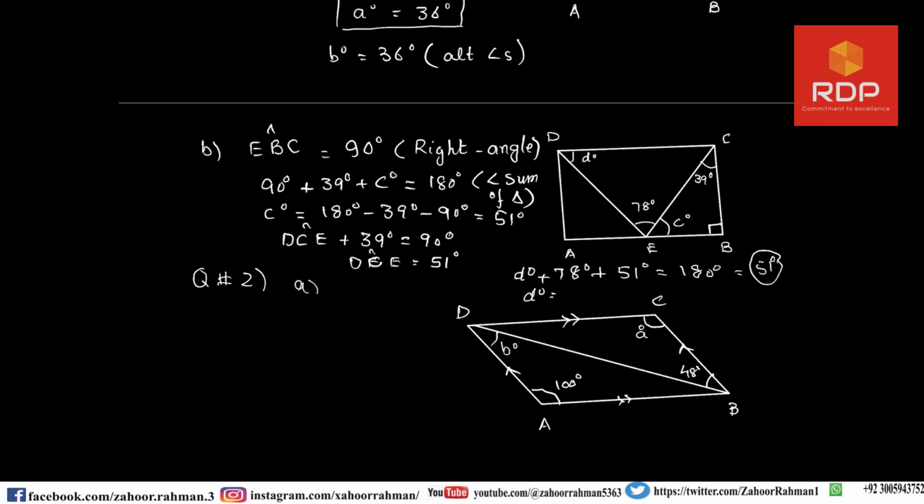In part A, a parallelogram is given in which you can see AD line is parallel to BC and AB line is parallel to DC line. Now we have to find A, and that is super easy. A piece of cake. A degree is equal to 100 degree.